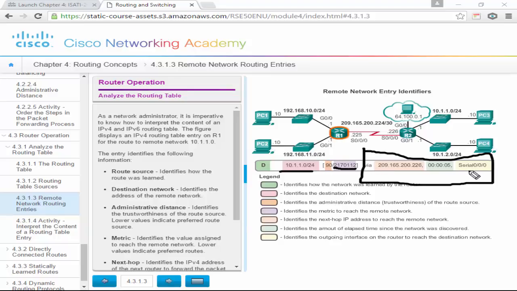This is what we call an ultimate route that you're seeing. So it actually has the IP address that you are going to. So it says to get to 10.1.24, if we can see 10.1.24, we're in this router and we want to get here. And so how do we get there? We go to this next hop right here of 209.165.200.226.